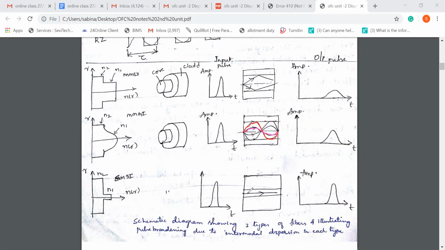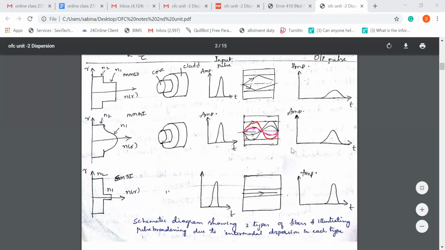Here only one mode is there, and the intensity is good compared to all three. So that is the advantage of single mode step index optical fiber. Your dispersion will be less compared to all. But here it will be very costly, because with small diameter and only a single mode, the fabrication process is a little bit difficult.